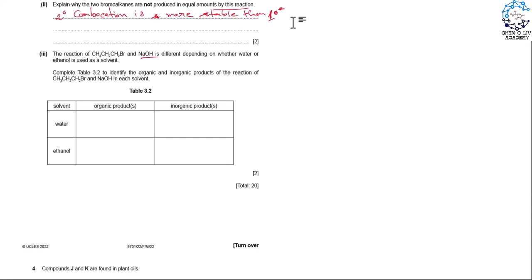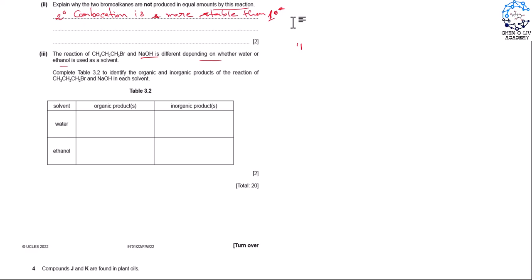Right. Let's move to the next. The reaction of CH3CH2CH2Br and NaOH is different depending on whether water or ethanol is used as a solvent. This question was also asked in paper 1. Those who have seen the video may have found that the same question was asked in a different way. So let me just remind you of the reaction.